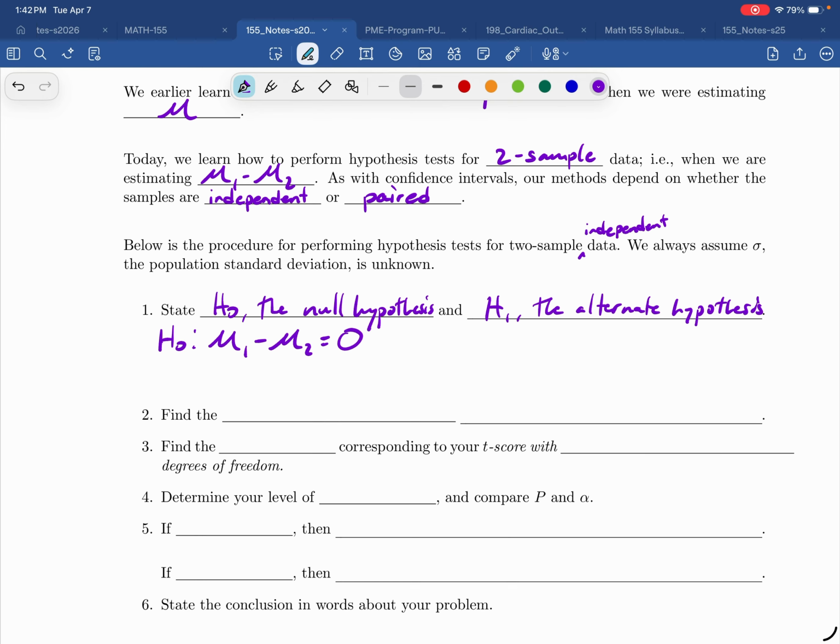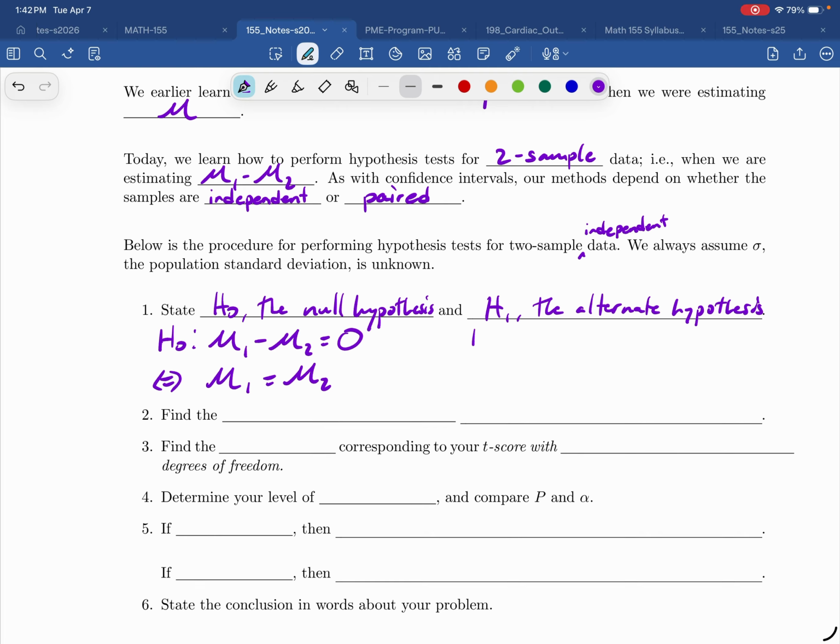It's possible that sometimes if there is some already understood difference, like 5 or something, it could be mu1 minus mu2 equals 5. Typically, though, with the stuff that I'll ask, typically the stuff that the book will ask, the difference will be hypothesized to be 0. And just note that this is equivalent to hypothesizing that mu1 equals mu2. You see how that's the same thing? You just add mu2 to both sides?